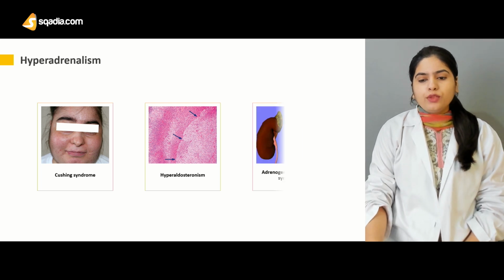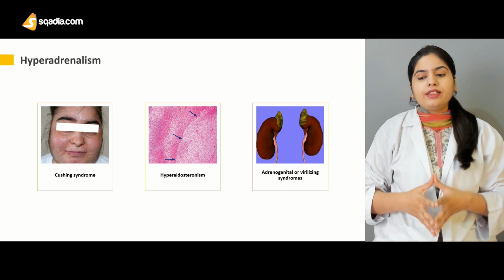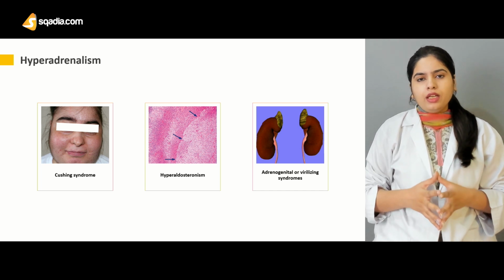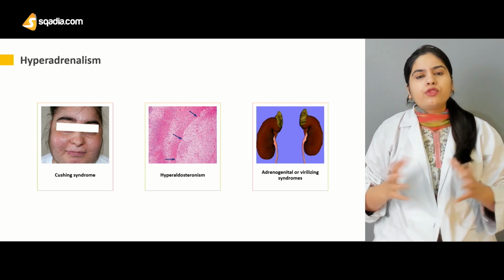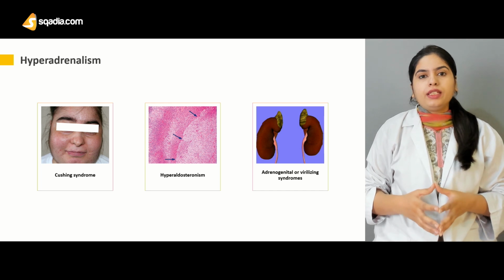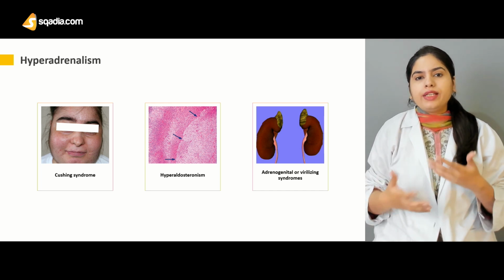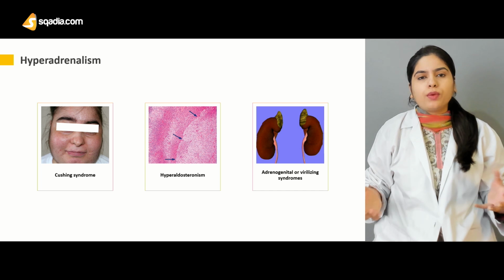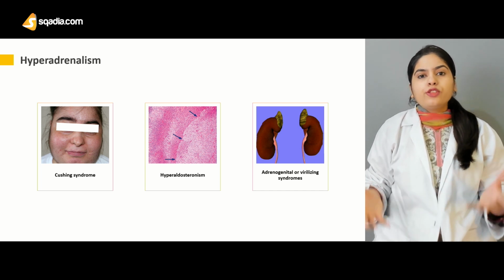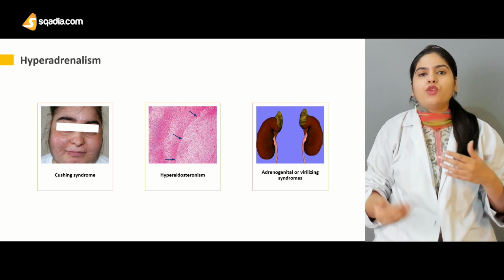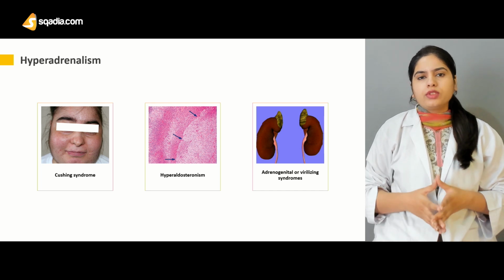And then the third one is the adrenogenital or virilizing syndromes. Now, you know that most of the androgens are formed inside the ovaries and the testicles, and they are released from there. Mostly cholesterol is used in the formation and release of these hormones.